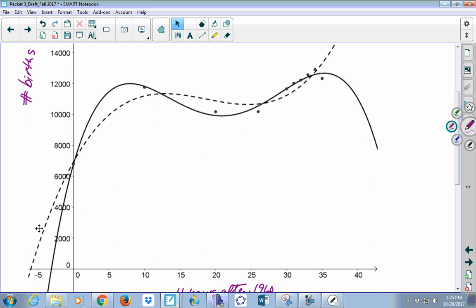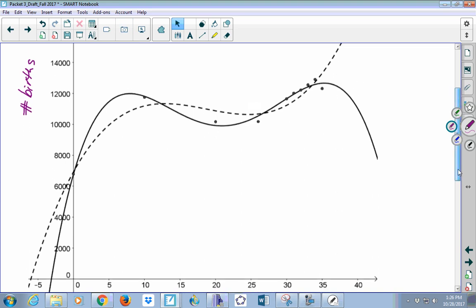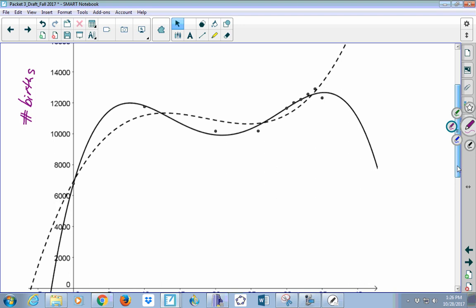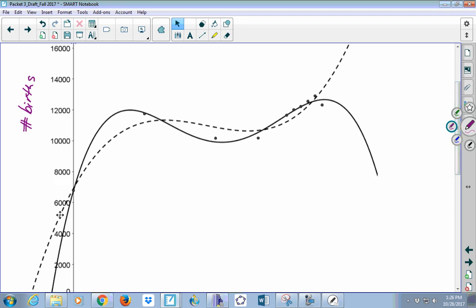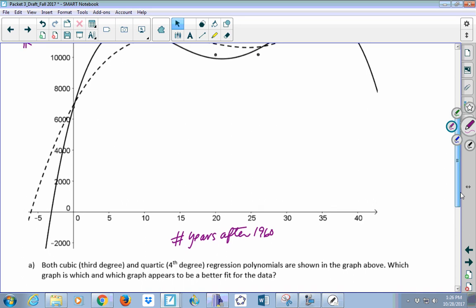So this dashed line is our cubic, and the solid curve here is our quartic. Okay, again, how would you know? The quartic has 1, 2, 3 turning points. Therefore, the smallest degree is 4. And with the cubic here, we've got 1, 2. So therefore, the minimum possible degree would be 3.